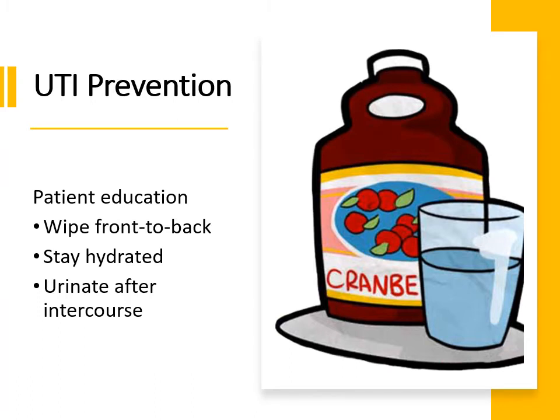And ascorbic acid goes into your bloodstream. So when you take vitamin C, it goes into your bloodstream and it makes the urine a bit acidic. And bacteria don't typically like to live in acidic urine. So that's often why women will take cranberry juice to try and prevent a urinary tract infection.